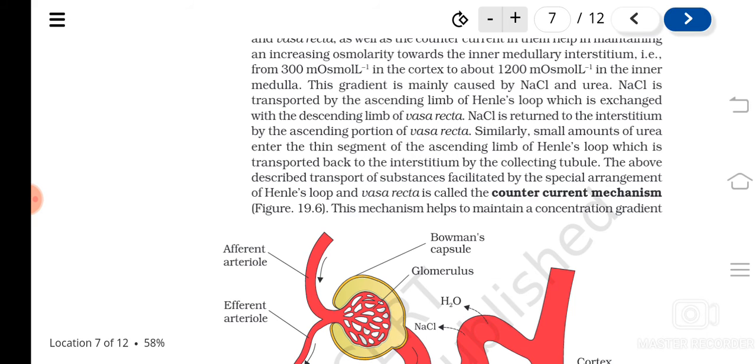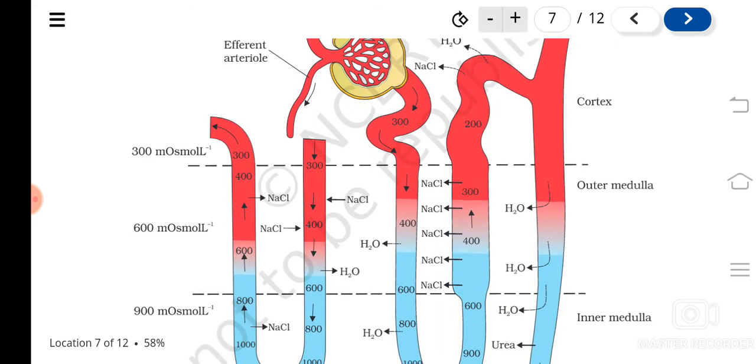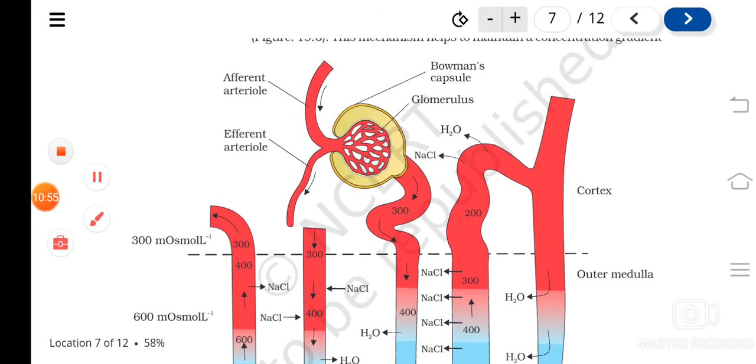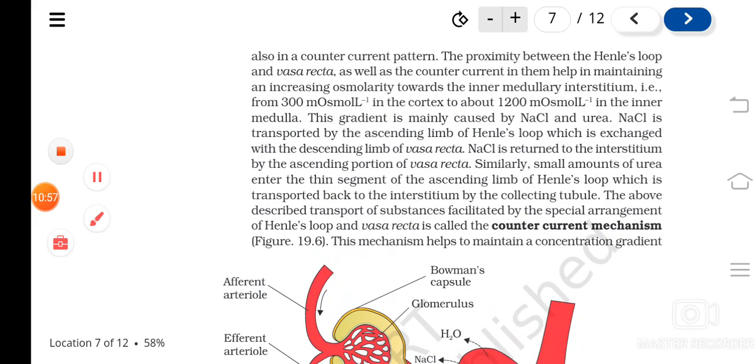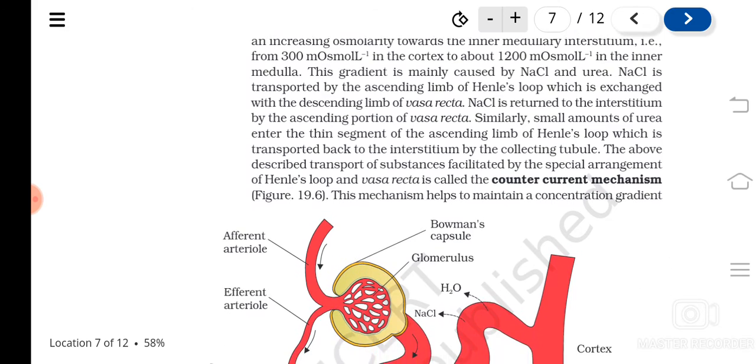And how is it happening with sodium chloride? Sodium chloride is first transported by the ascending limb of Henle's loop, and then it will be exchanged with the descending limb of vasa recta. And then sodium chloride is returned back to the interstitium by the ascending part of the vasa recta.